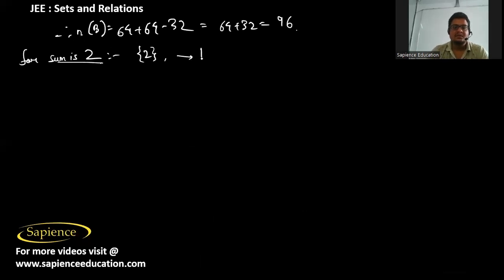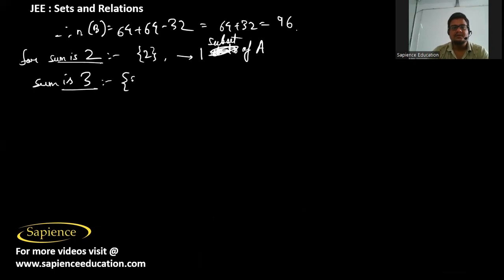So here we have only one such subset of A where the sum of the elements is a prime number. Now suppose the sum is 3.